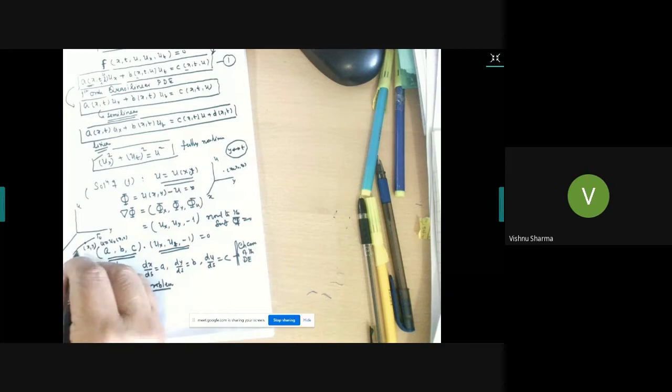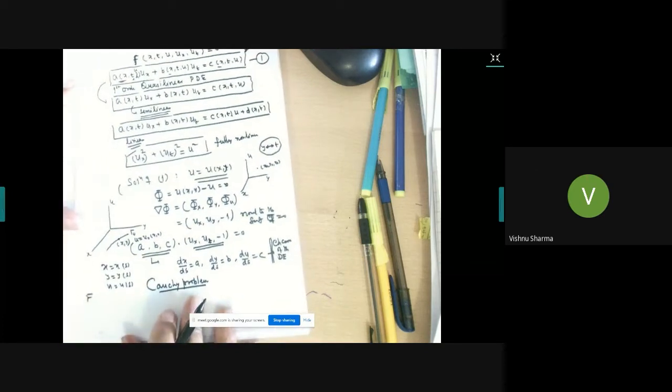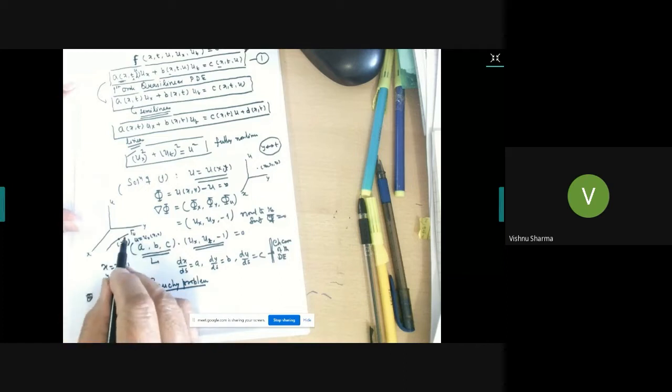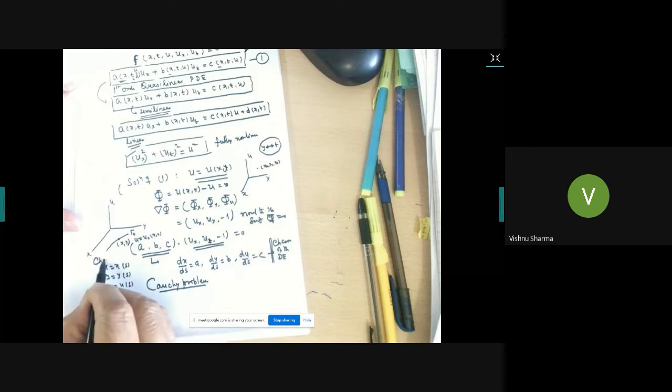So if gamma naught is parametrized, is it visible? If it is not visible, please remind me, because my focus here is on the paper. So this is the parametric equation of the characteristic curve.